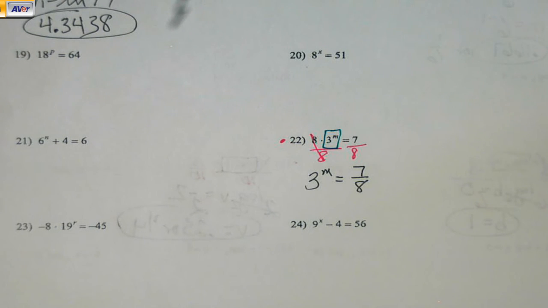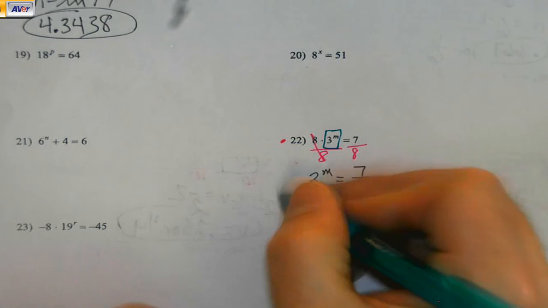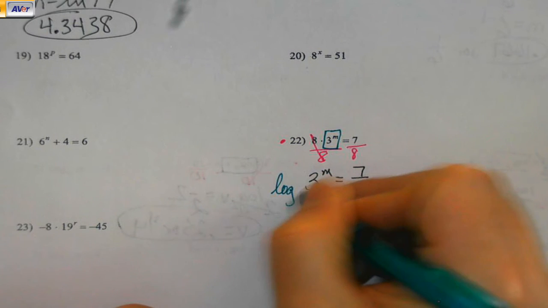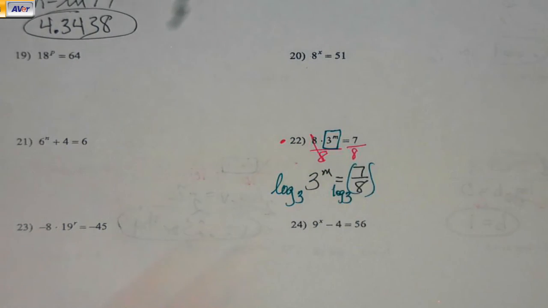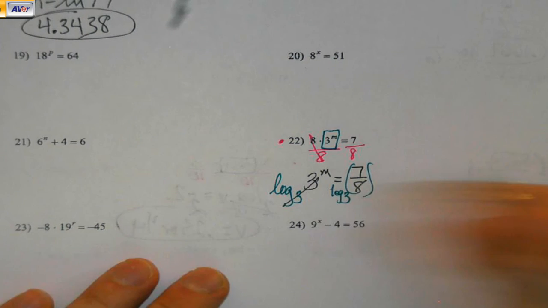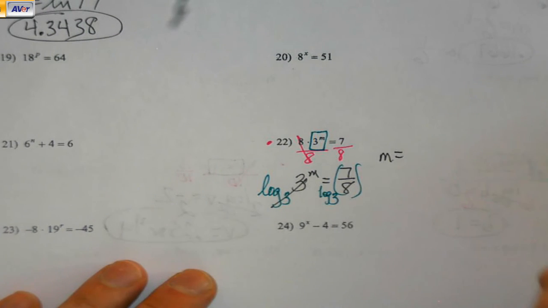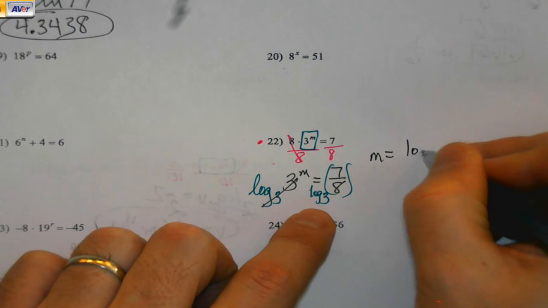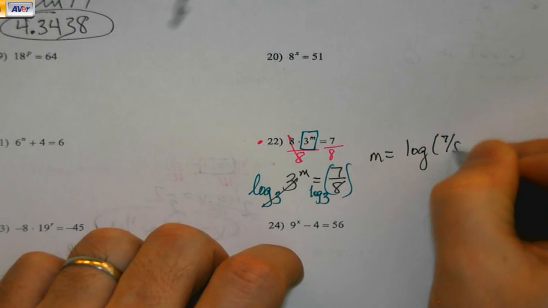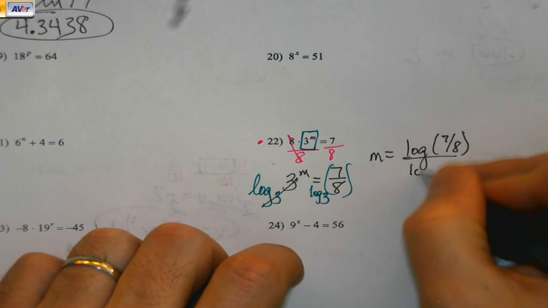But now, it's 3 to the m power. It's not 3 times m. So as I'm doing this, I'm not going to divide by 3. I'm going to take the log of that value. So my left side is pretty straightforward. But the right, remember, it's going to be log of physically big number, 7/8, divided by log of little.